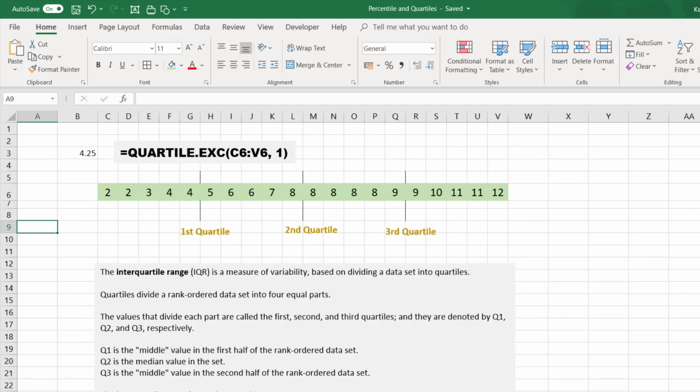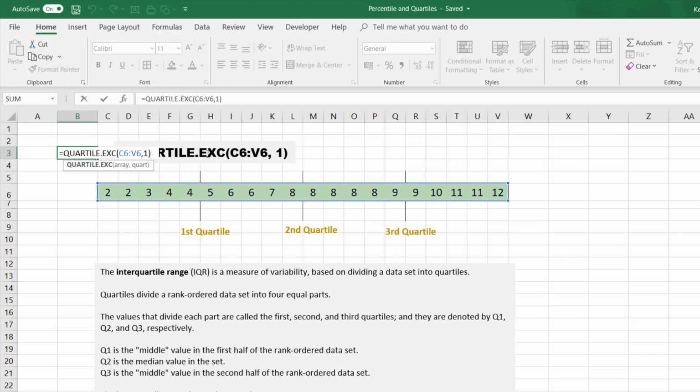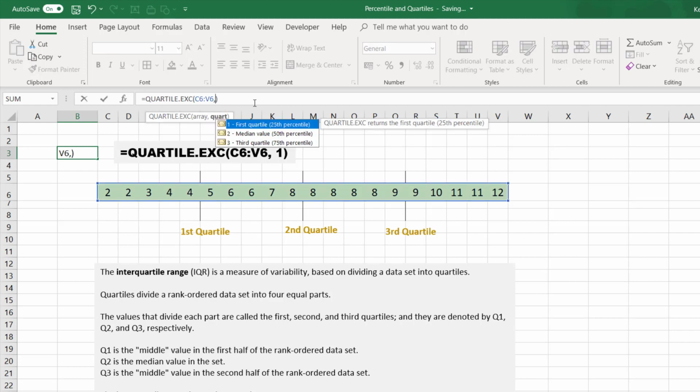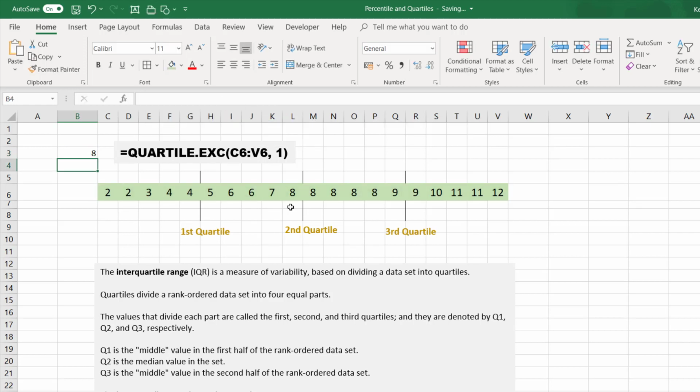And next is quartile. We have the first quartile, second quartile, and third quartile. If you want to know the first quartile, you put in the quartile function and then put a 1 for the measure. So 4 times 5 divided by 2, and you get that number. If you want the second quartile, you put 2, which is 8.